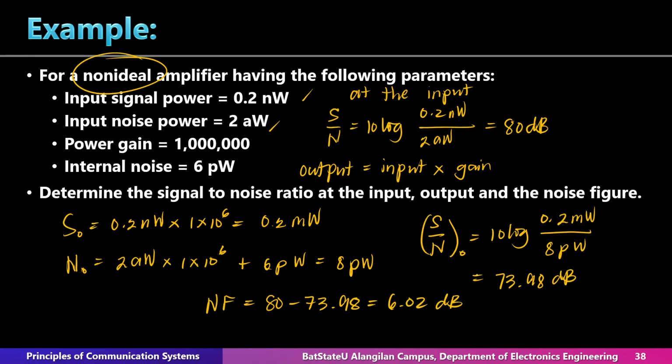Okay? So now we're able to solve the problem. We got the signal-to-noise ratio at the input, at the output, and the noise figure. So its noise figure is 6.02 dB. Medyo malaki, kasi ang ideal niyan, remember, is 0 dB.